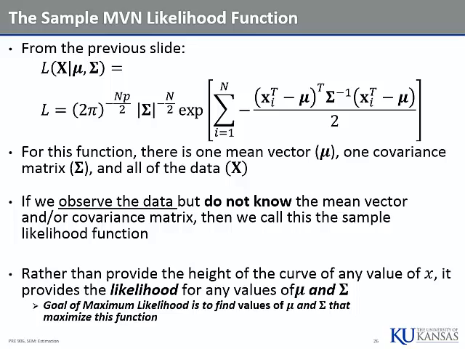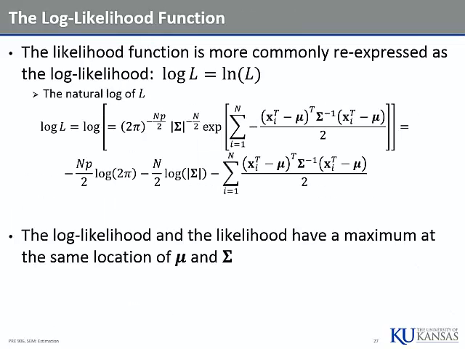But it's really hard to work with because we have so many exponents and so forth, particularly if we're using calculus. So a lot of times we take the log of the likelihood. And what this really is is the natural log. So we take that distribution function and just put it in the log function. And if you remember how logs work, a log of something to a power becomes that power times the log of that thing.